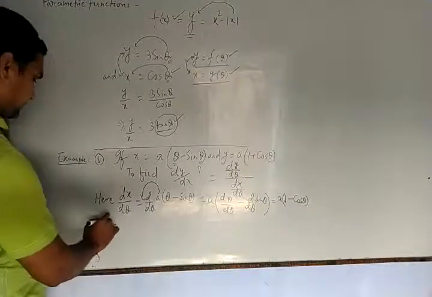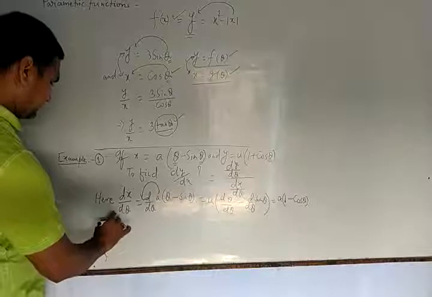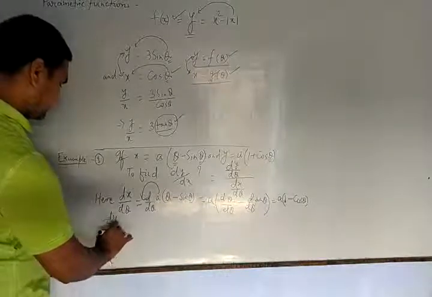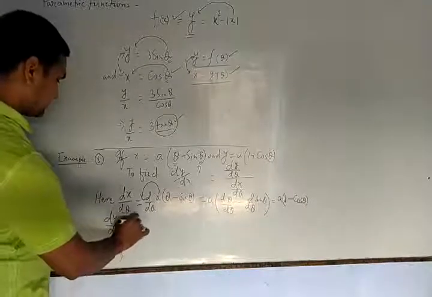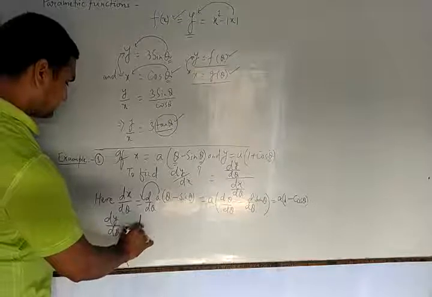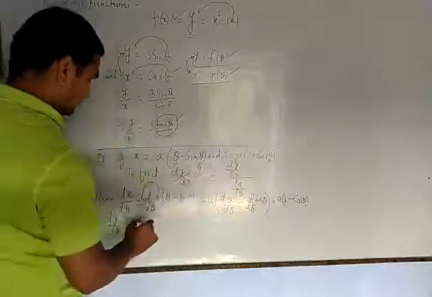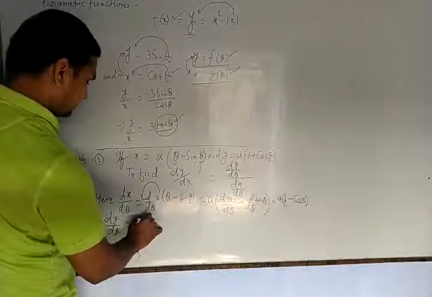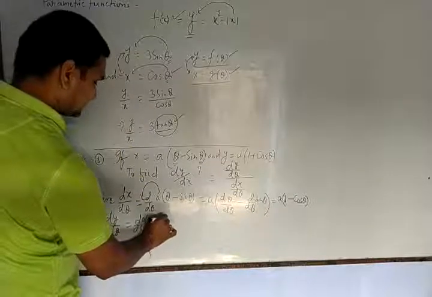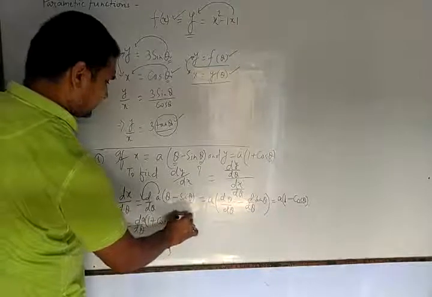Now look, we are finding dy by d theta. dy by d theta is d by d theta of a times 1 plus cos theta. The a will come outside.